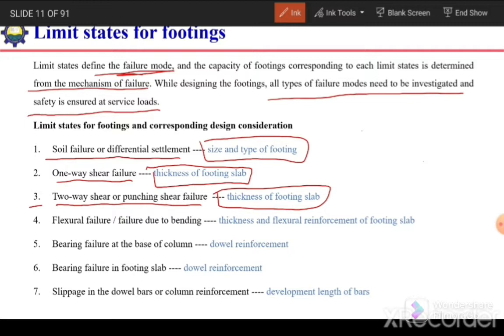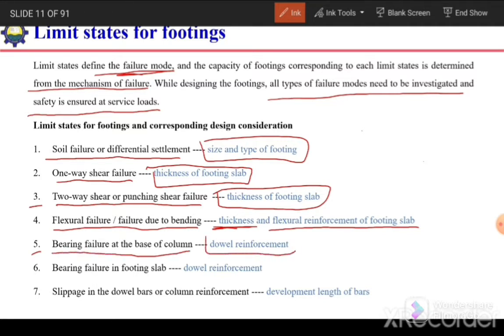The fourth is flexural failure, or failure due to bending. To avoid this type of failure, we can play with the thickness of the footing, as well as design the reinforcement for the footing slab. The fifth type of possible failure is bearing failure at the base of the column. This can be avoided by providing dowel reinforcement, or by increasing the strength of the concrete in the column.